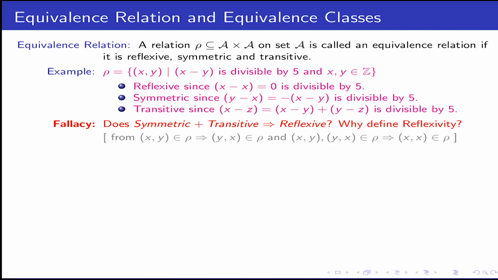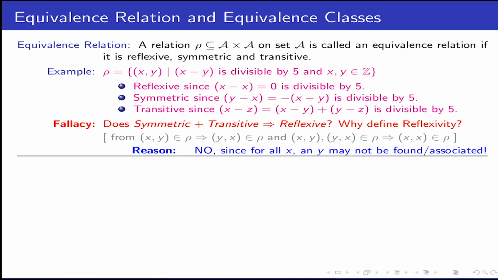The reason is that symmetric and transitive does not mean reflexive always, because reflexive does not need anyone else in the set. It says that for all x I do not need any y.